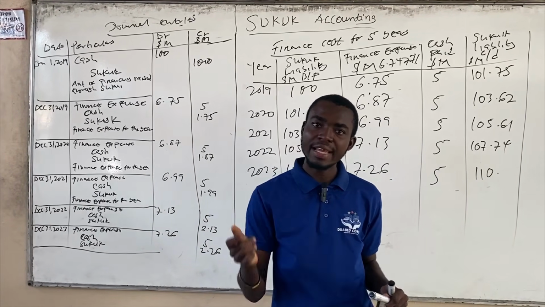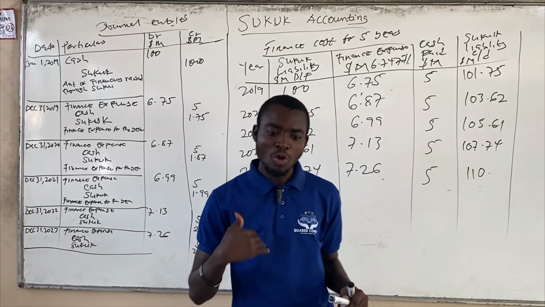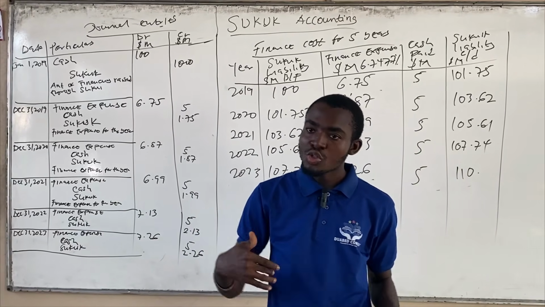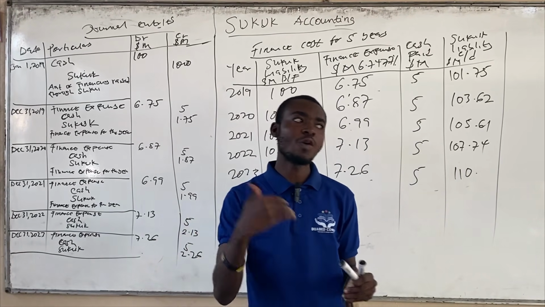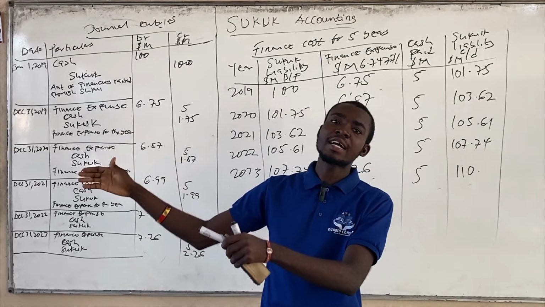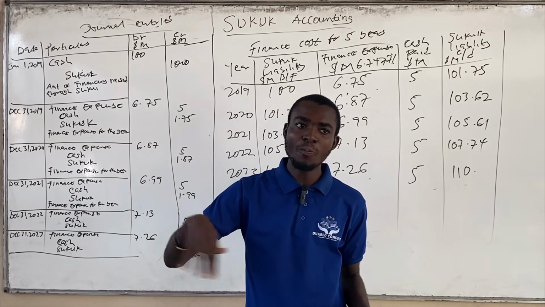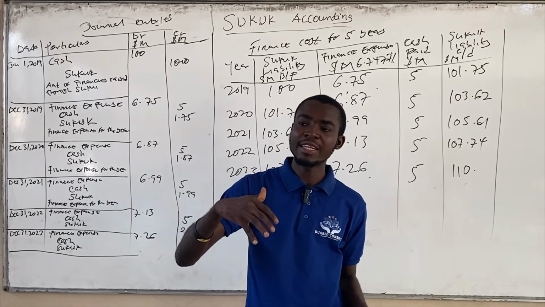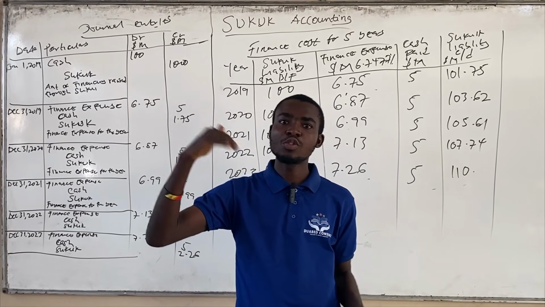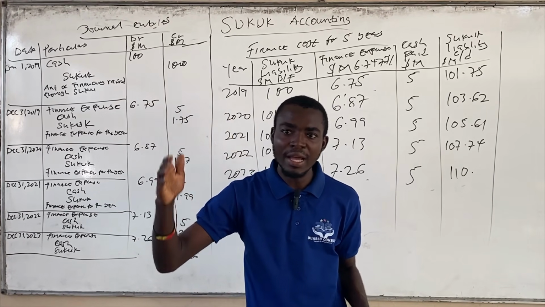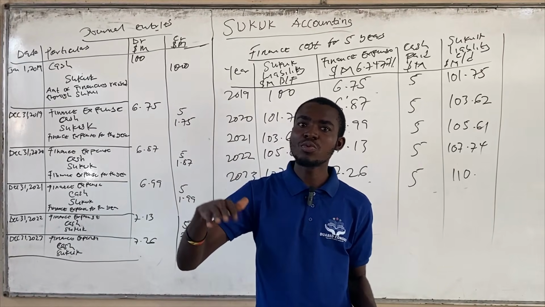So since the originator is buying back the assets, the originator will be paying cash of 110. So we will credit the cash account of the originator. And then since the originator is paying the amount of liability that the originator is owing the Sukuk investor or the Sukuk holder, this will cancel off the Sukuk liability.